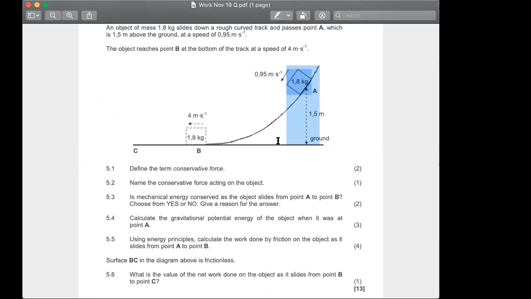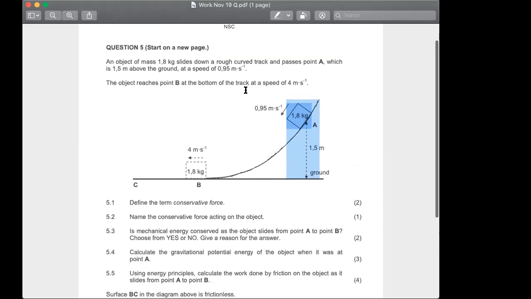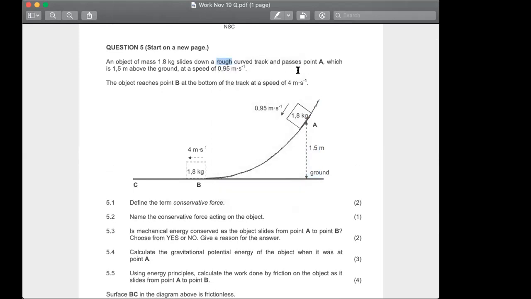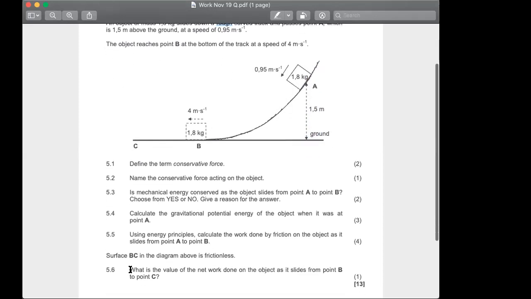What is the value of the net work done on the object as it slides from B to C? What do we know about BC? It's rough at point A. The object reaches B at the bottom of the track and moves to C. They say BC is frictionless.